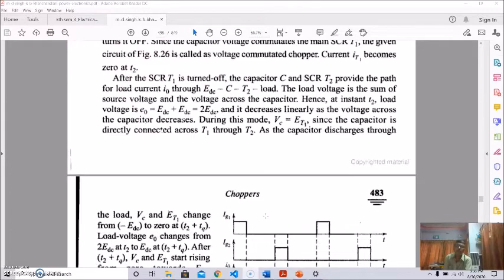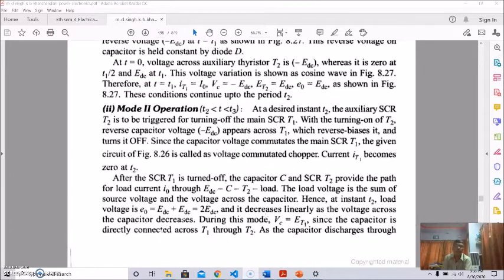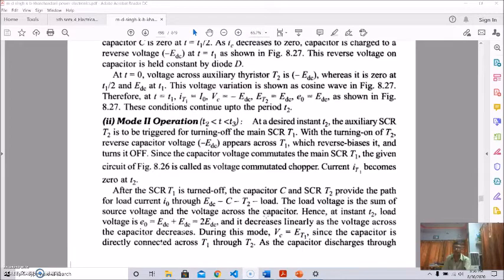Now for mode 2 operations, between T2 and T3, at the desired instant T2 the auxiliary SCR T2 is triggered for turning off the main SCR T1. With the turning on of T2, the reverse capacitor voltage minus EDC appears across T1, which reverse biases it and turns it off.